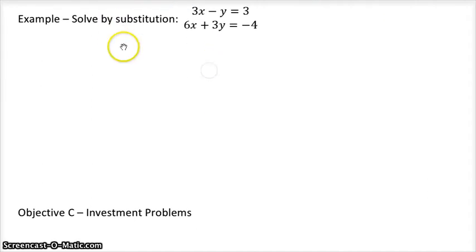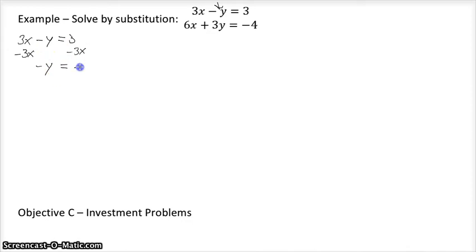So what I need to talk about now is how you deal with something like this. Again, very similar. I'm going to pick this one here. It's not always going to be x or y, or excuse me, it's not always going to be y. It's just been y in this case every time. So I'm going to subtract 3x to the other side.